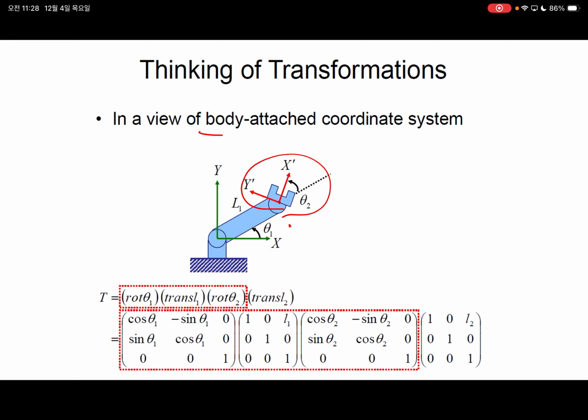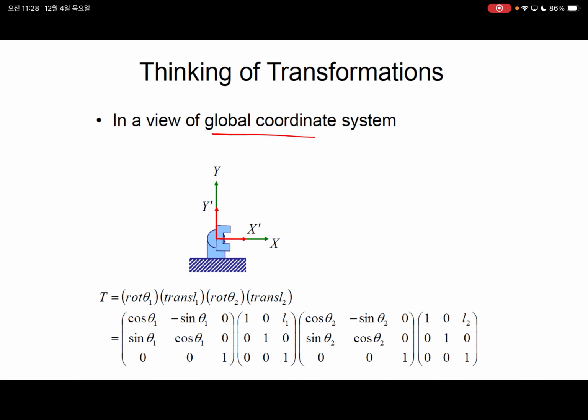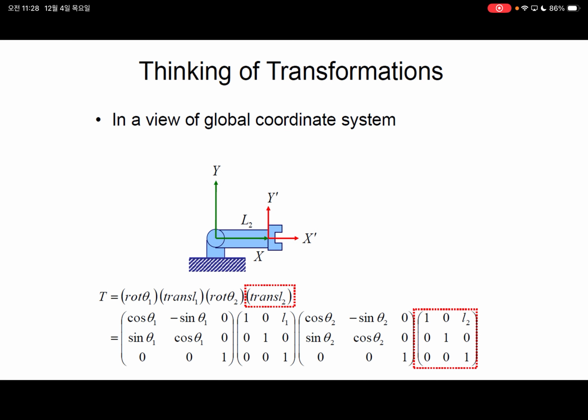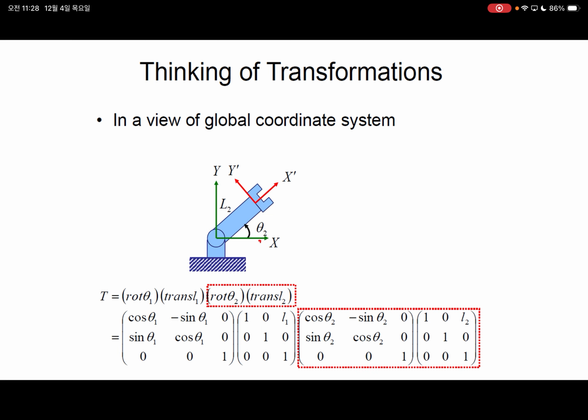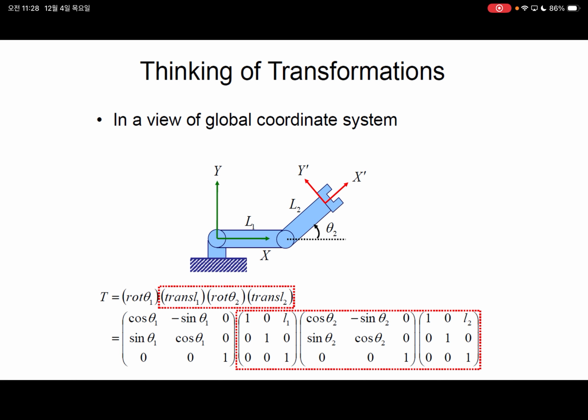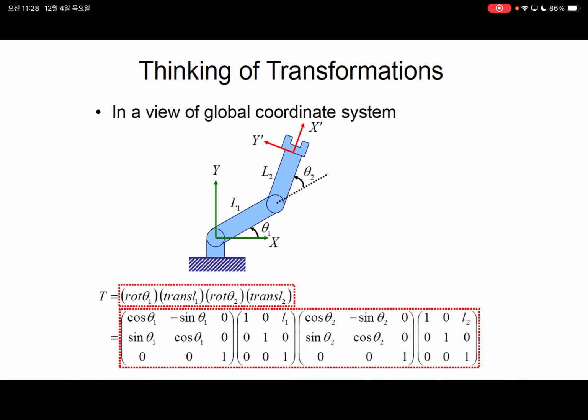In a body attached coordinate system, we apply theta 2 or L2 on this body attached coordinate system, this coordinate system. But in the global coordinate system, we always apply theta 1, L1, theta 2, L2 in the green space. Here theta 2 is defined in green space, and theta 1 is also applied in green space. In the global coordinate system, mathematically both are correct, but the first one, body attached coordinate system, tries to interpret this equation in a view of body attached coordinate system.